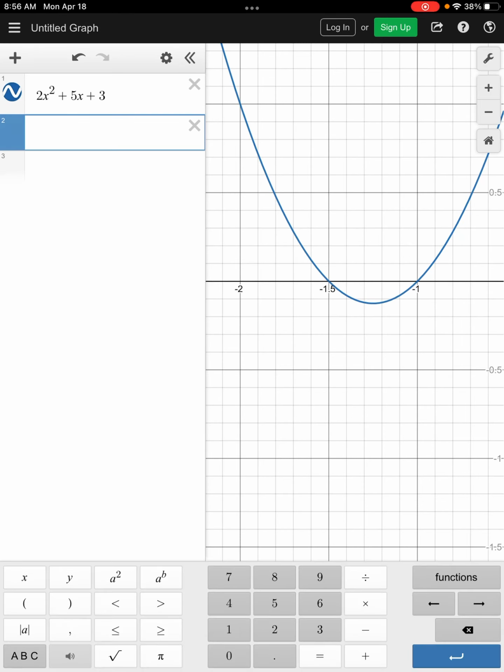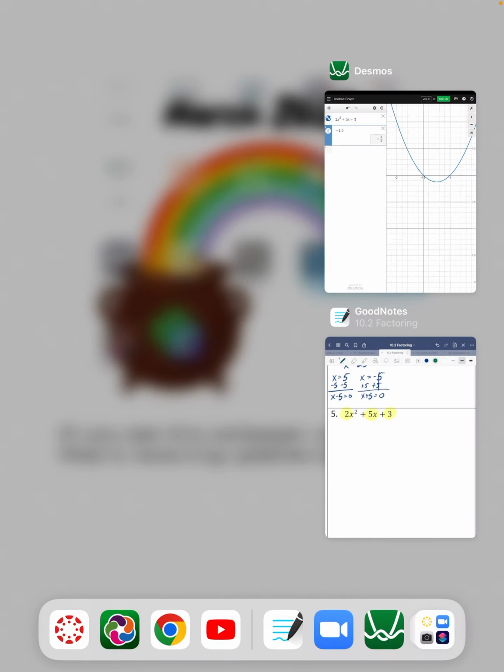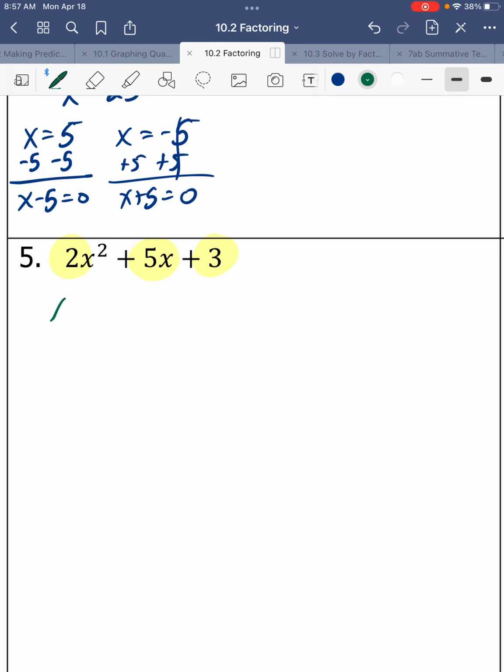All right, we need to figure out what that negative 1.5 is as a fraction, to make sure I plug it in right. You click on the left side by the number 2 here, and you're going to see it as a fraction, negative 3 over 2. So negative 3 over 2 and negative 1. x equals negative 3 over 2 and x equals negative 1.